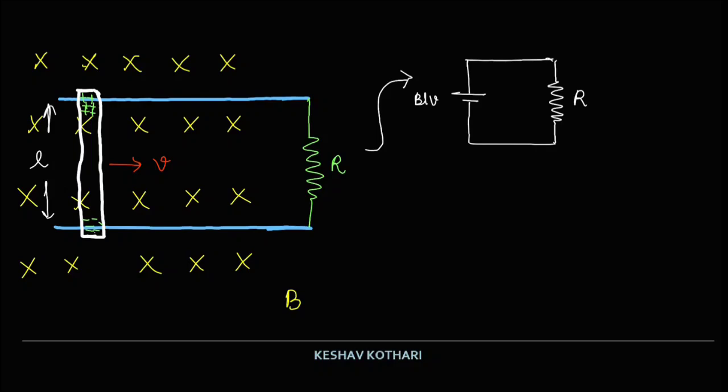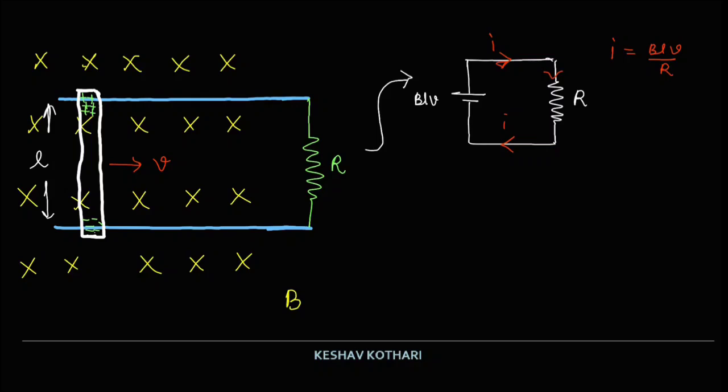The V cross B for this problem is pointing in the upward direction, so the upward terminal will behave like a positive terminal and the lower one like a negative terminal, and we can draw it as a battery like this. Now if we calculate the direction and magnitude of current, the current in this resistance is I equal to BLV upon R.